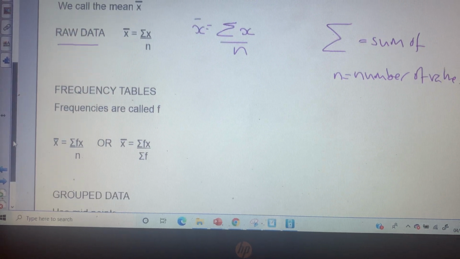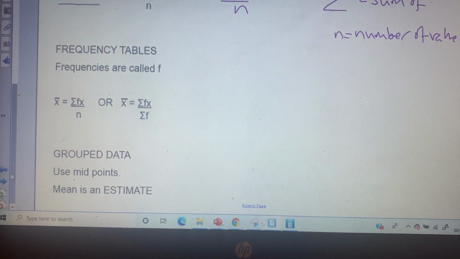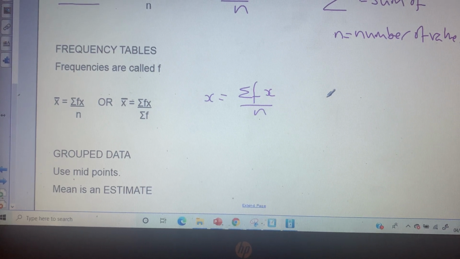With a frequency table, you find the mean exactly the same way, but we like formula. So with a frequency table, the mean we think of is the sum of the frequencies times X over the number of values, or the sum of the frequencies times X over the sum of the frequencies.